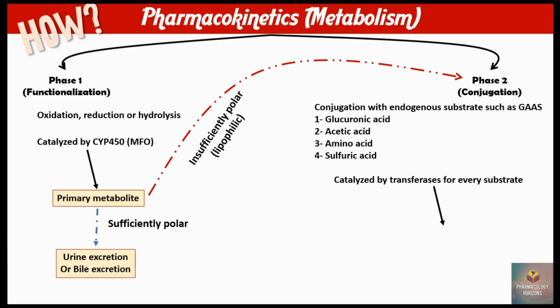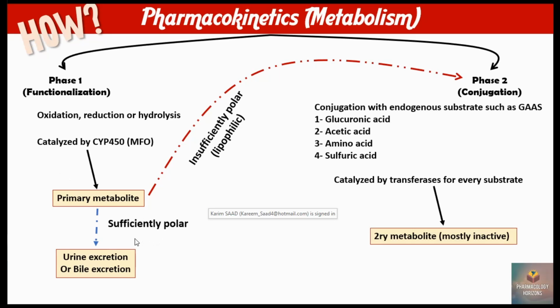Another thing about metabolism is that it can be done on many levels. So the drug may enter phase 1, then phase 2, then come back to phase 1, then phase 2, and so on. However, the metabolite produced in phase 2 is mostly inactive and polar enough to be excreted, in most cases, not all cases, and excreted through the urine.